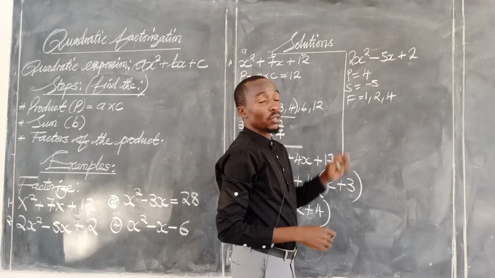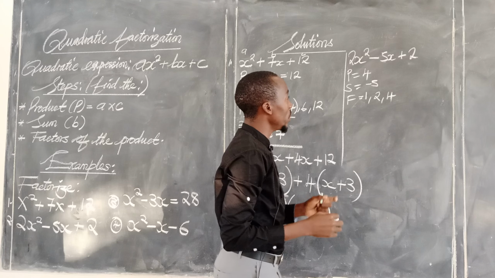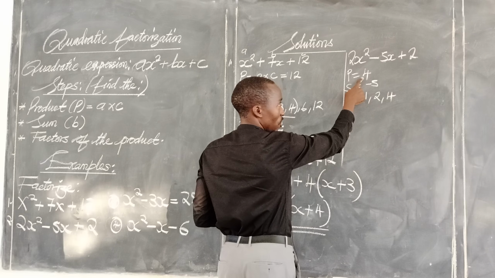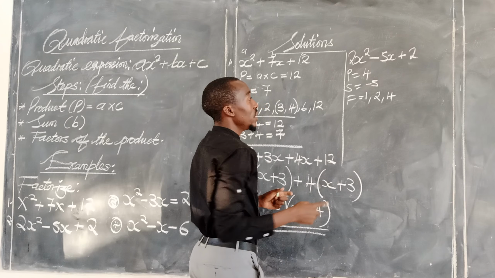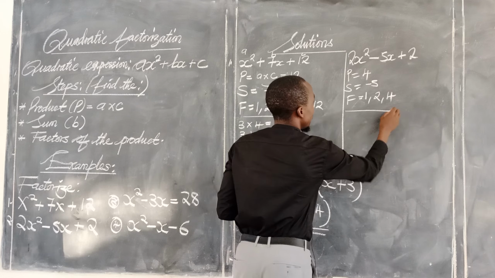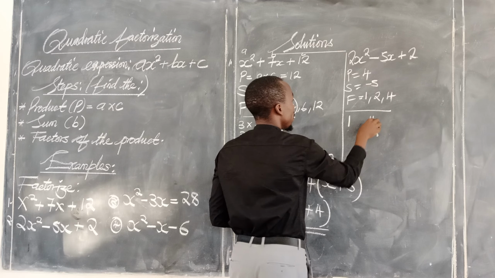Now we look for two numbers among the factors such that when we multiply them, we get positive 4, and when we add them, we get negative 5. Those two numbers are 1 and 4.